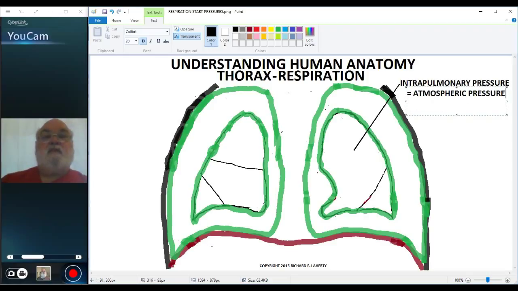Now, if we measure the pressure within the pleural cavity, that pressure is known as the intrapleural pressure.